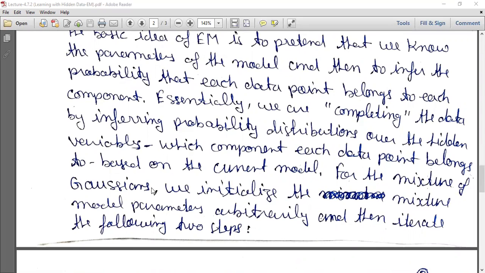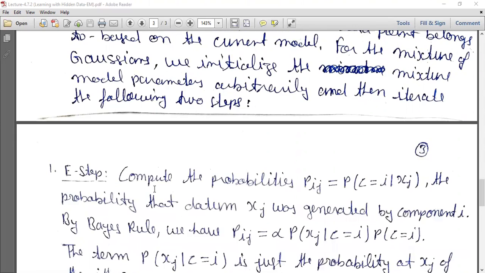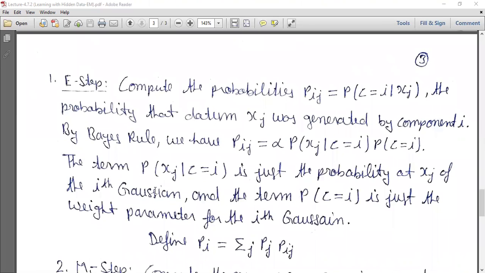For the mixture of Gaussians, we initialize the mixture model parameters arbitrarily and then iterate the following two steps. First is the E step. Compute the probabilities pij = P(C = i | xj), the probability that datum xj was generated by component i.